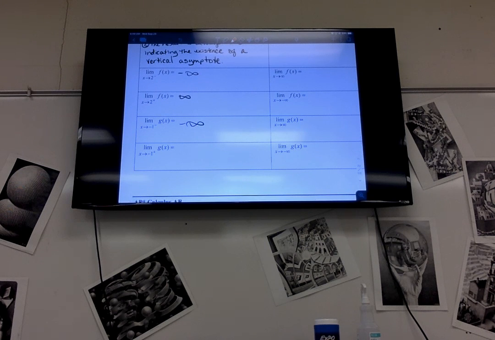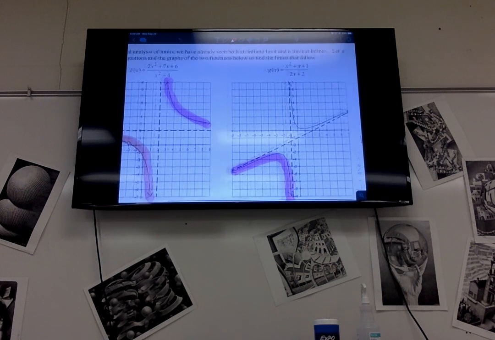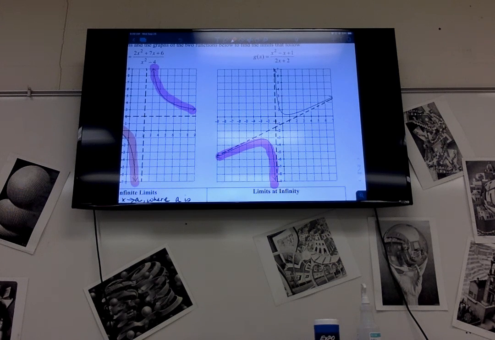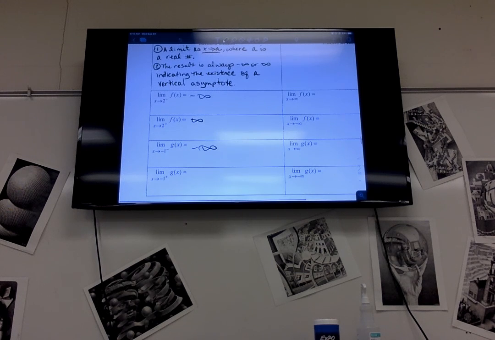And then, Stephen, what's the next one? Infinity, because as I approach negative 1 from the right, it goes up forever. So that's positive infinity. Those are infinite limits because the limits equal either positive or negative infinity.